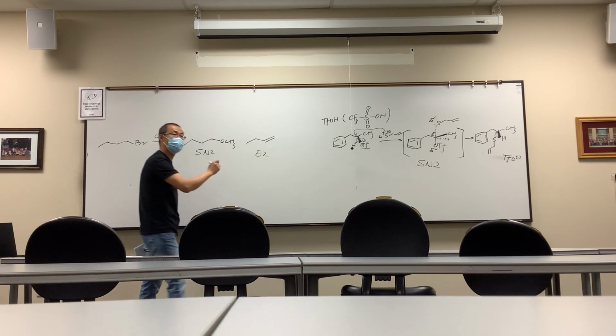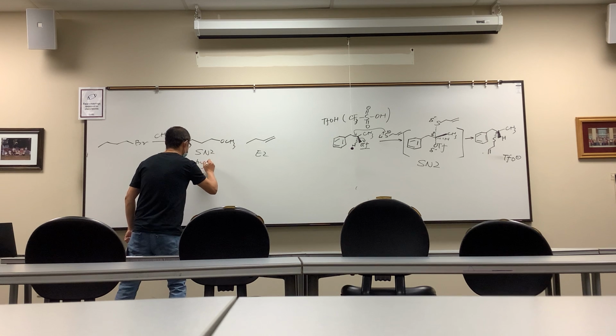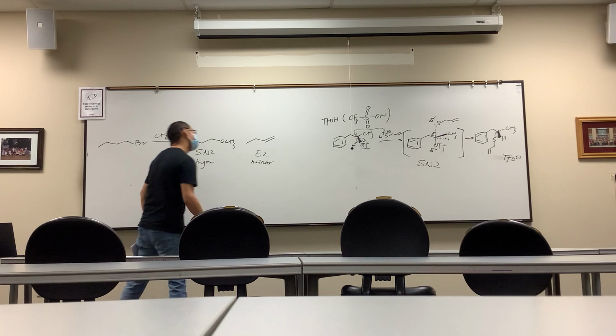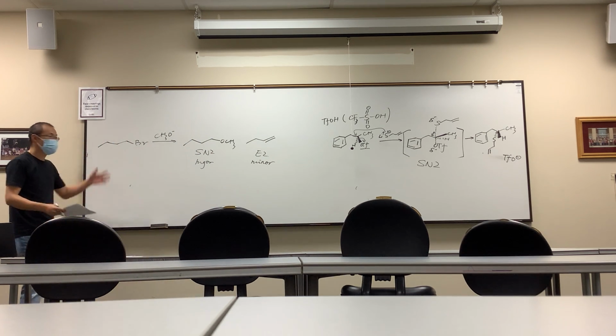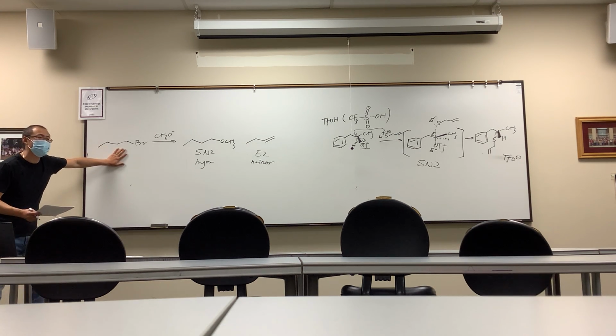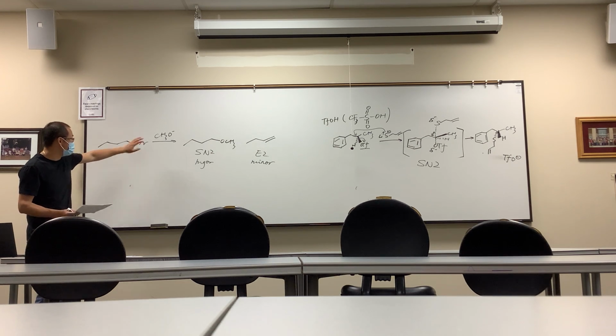Which one is major? SN2 is major, and this is minor. Very good. Again, all things being equal, consider the one above. SN2 is prioritized. Why is SN2 major? Because substitution rate is faster than elimination in this case. This is a strong nucleophile and a strong base, but substitution is faster because it's primary.